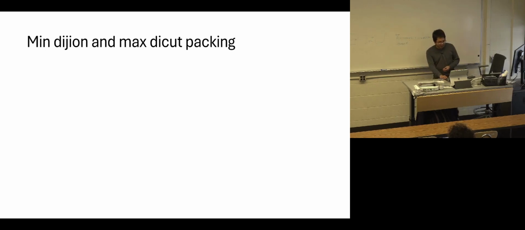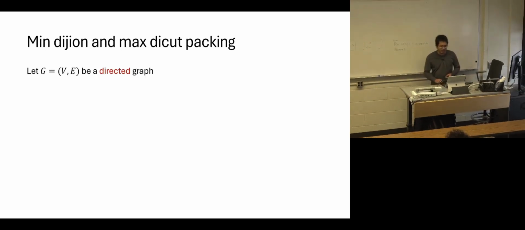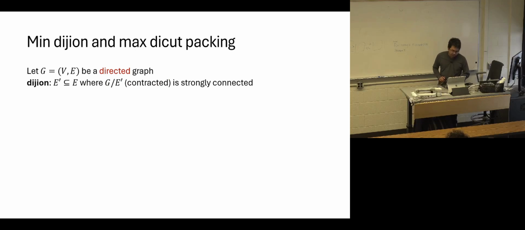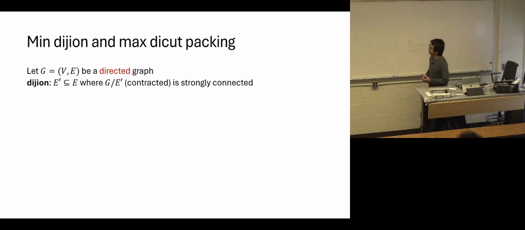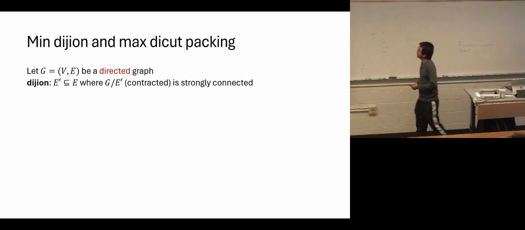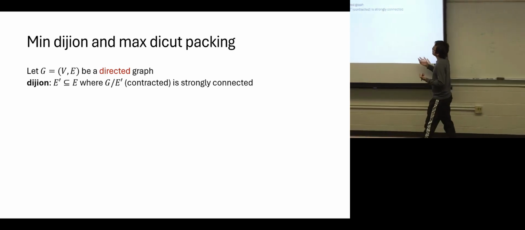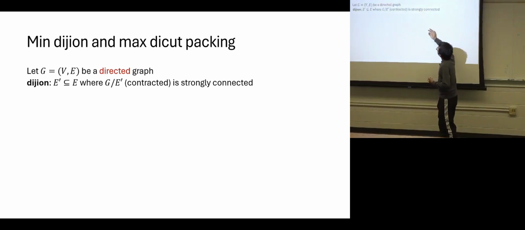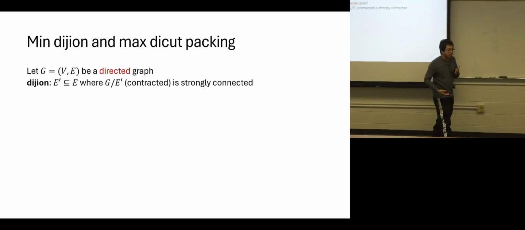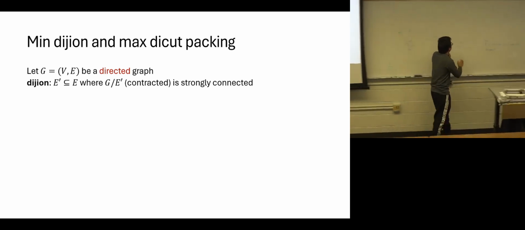So what is this? Let's say you have a directed graph. A dijoint is a set of edges such that once you contract them, the graph becomes strongly connected. Let's see an example.